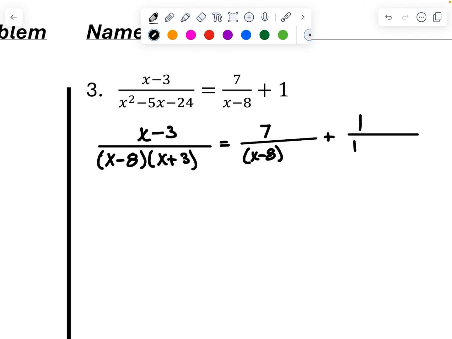And I'm going to say that x cannot equal negative 3 or 8.